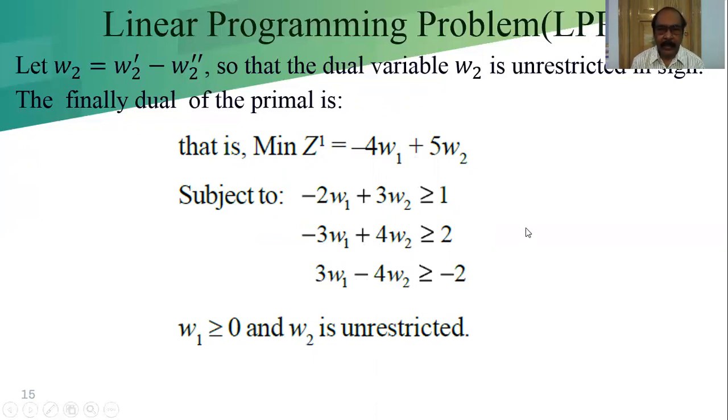But when we are writing the final dual of the primal, we should not keep the minus value on the right hand side. So it is better to convert it by multiplying both sides by minus 1. That means minus 3W1 plus 4W2 less than equal to 2.